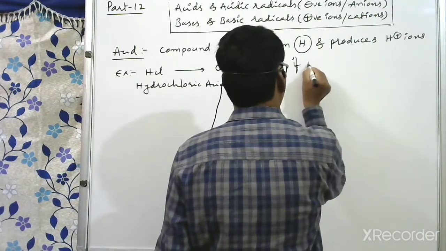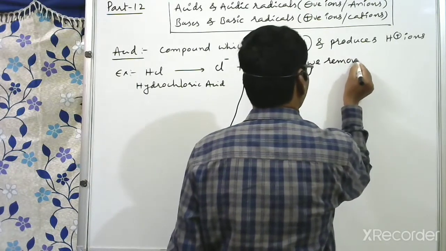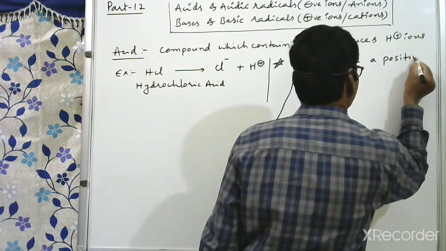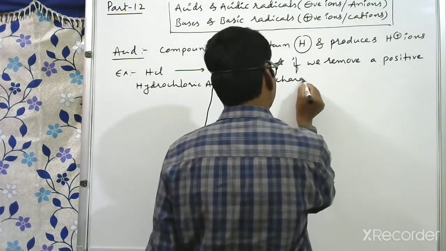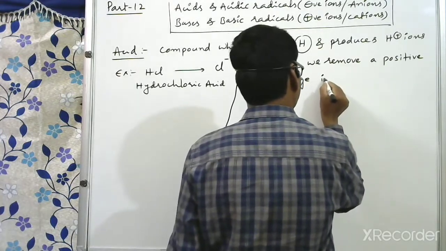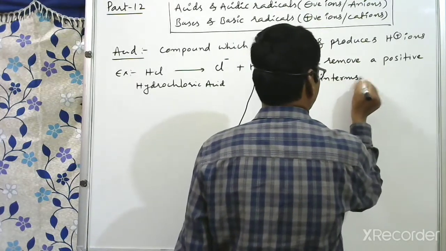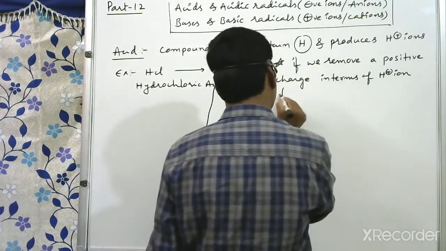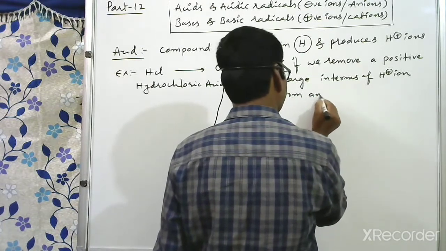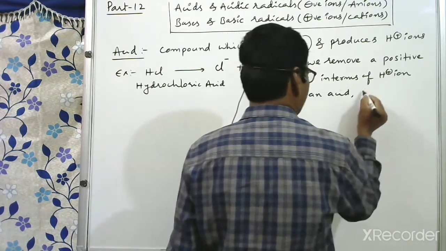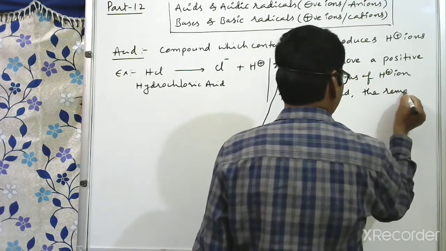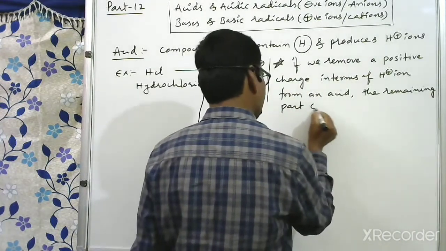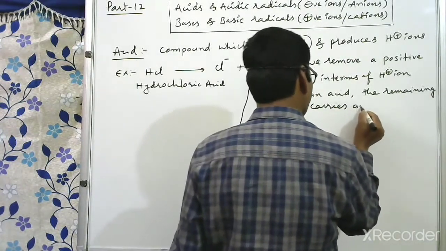If we remove a positive charge in terms of H plus ion from an acid, the remaining part carries an opposite charge.